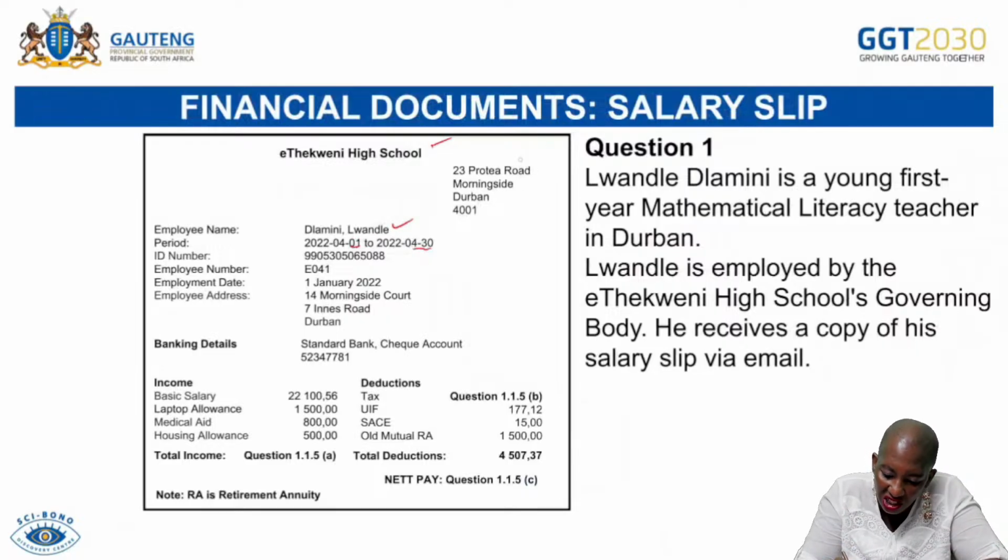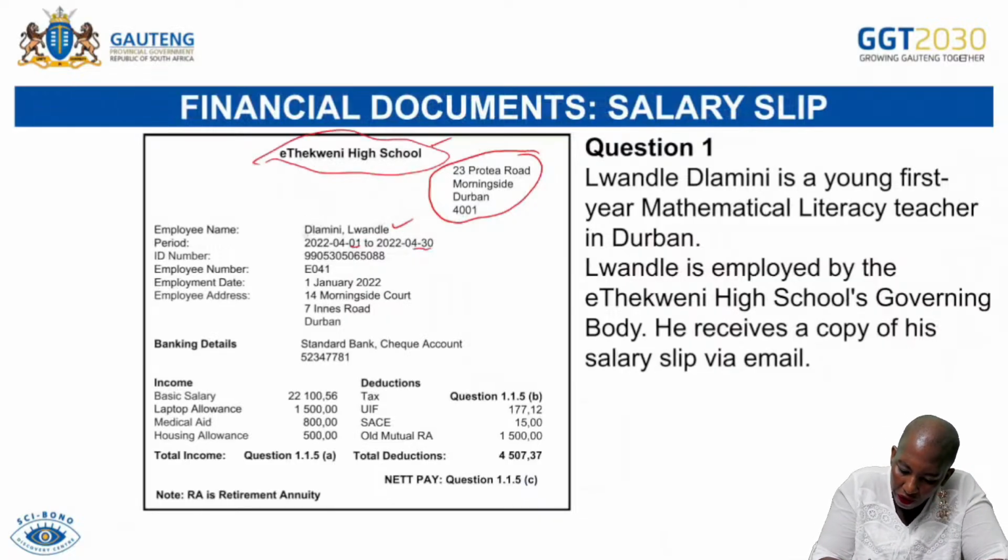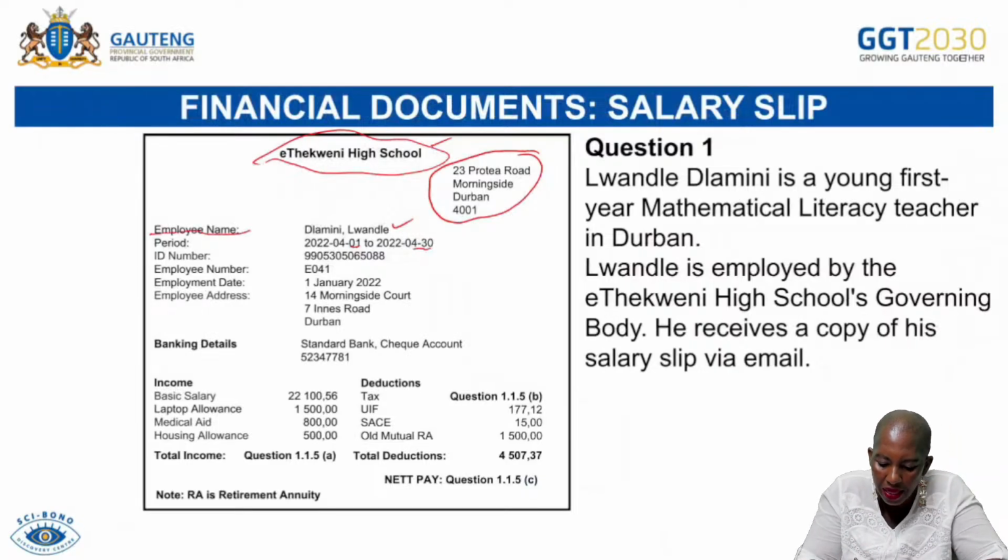And then the address of the school. This is the school's address. And then this is the name of the school. And then the name of the employee who works there. And then the period is from when up until when. And then this is their ID number. And then the employee number.